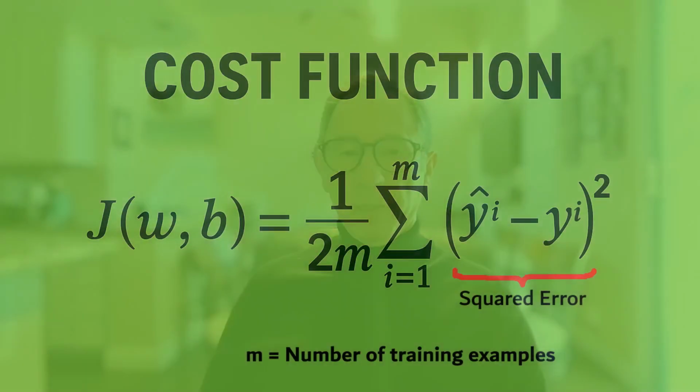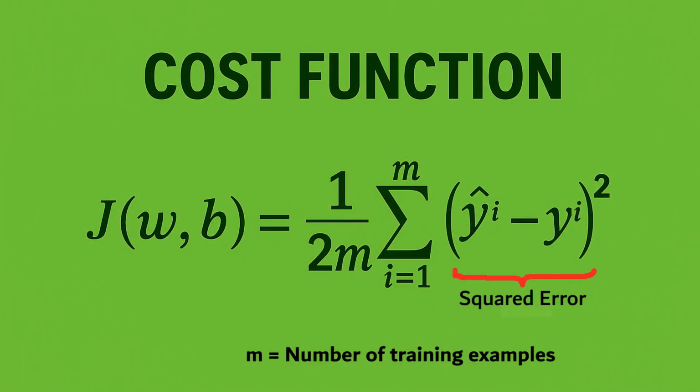Let's see how we can use the individual errors to measure the cost function and decide how good or bad our model is. To do that, once we compute the squared error for every example, we need to sum them all. Summing alone would make the cost grow just because the data set is large.